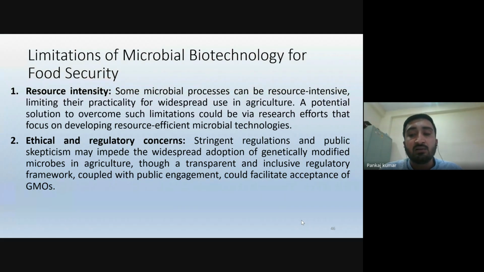The solution is a transparent and inclusive regulatory framework coupled with public engagement, which means we have to provide knowledge to the people that these genetically modified organisms, the crop yield that is produced due to the genetically modified organism, can be of proper use and can be proper to use for the public.